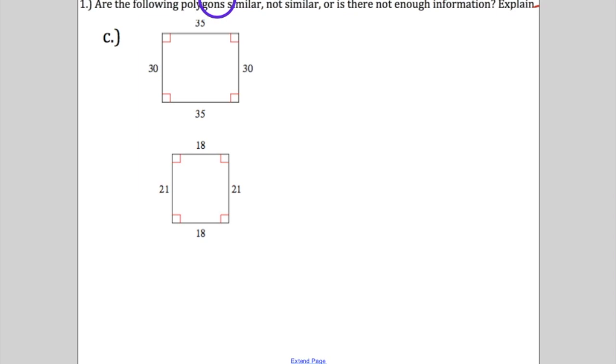And so again, that key thing is to make sure you get your longest side here listed in this top quadrilateral, which would be 35. And we need to match that up with the longest side on the bottom quadrilateral, which is not 18, but it is 21.